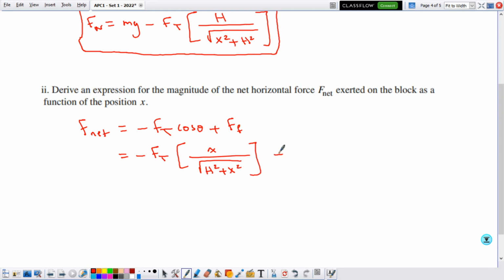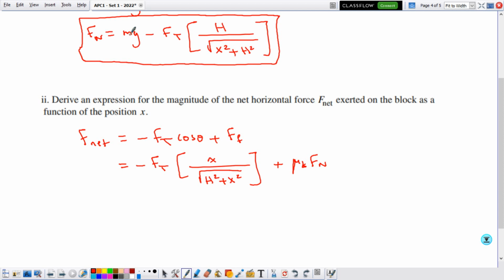Now what about friction? Independent of the state of motion, friction can be given by mu k multiplied by Fn. And now from the previous part we have the expression of Fn, so that would be equal to what?